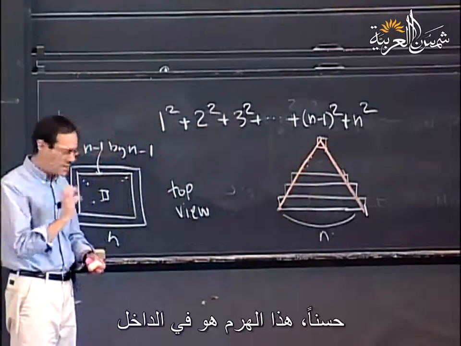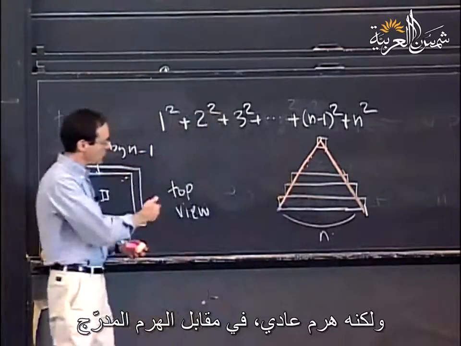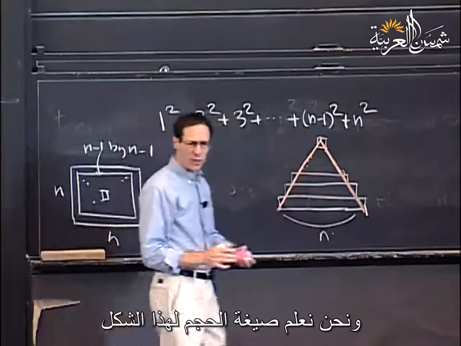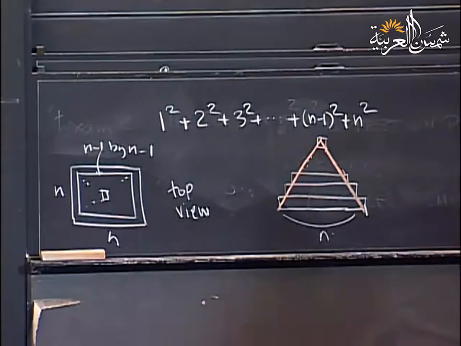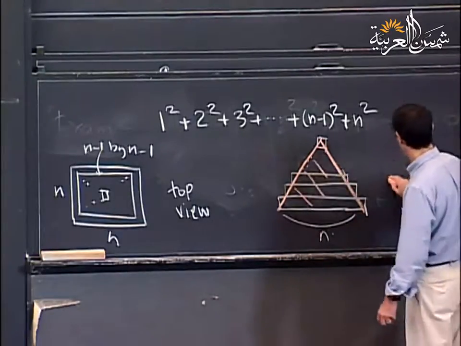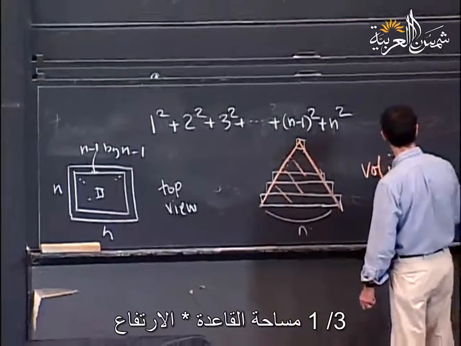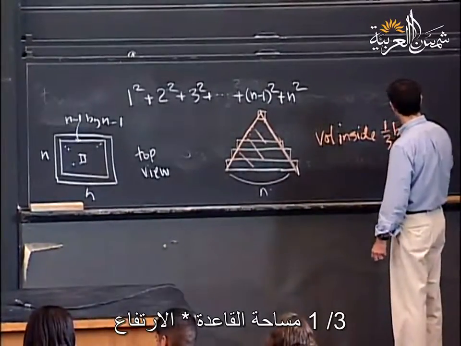And so we know the formula for the volume of that, because we know the formula for volumes of cones. And the formula for the volume of the inside is 1/3 base times height.